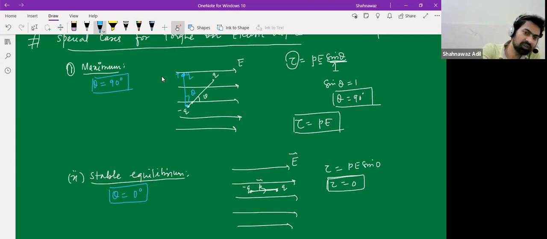So what is the meaning of this stable part? That if I change the position of this dipole, right, it will come back to this point, right? So that is why it is called the stable equilibrium. Okay. And then the other case is this unstable equilibrium.